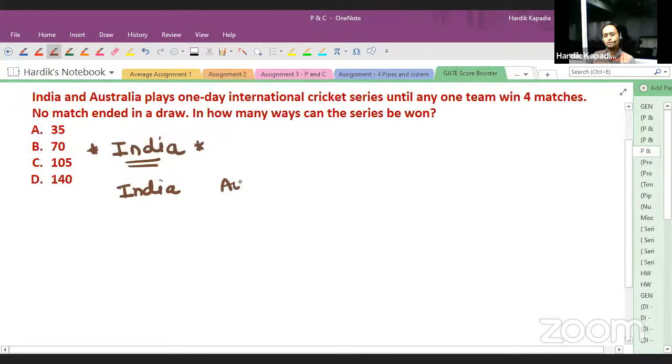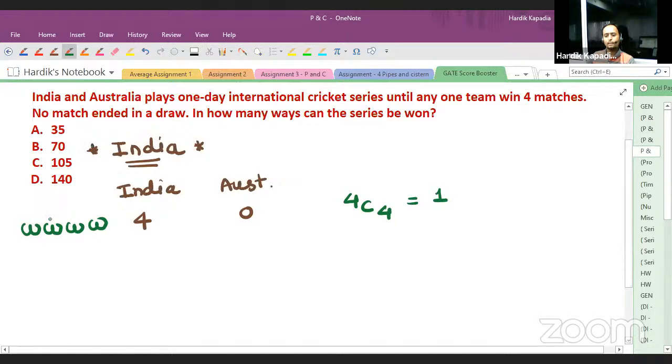So now, if India is going to win, this is India, this is Australia. India wins 4 matches and Australia wins 0. So this is win, win, win, win. All 4 wins for India. This can be done in 4C4 ways, so that is 1.